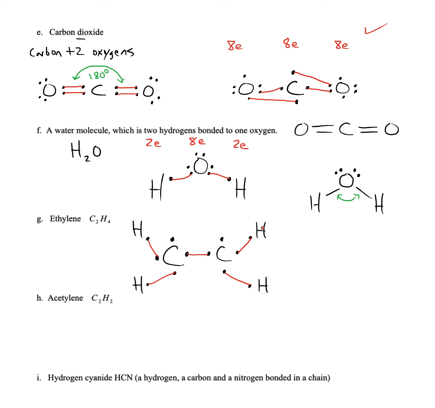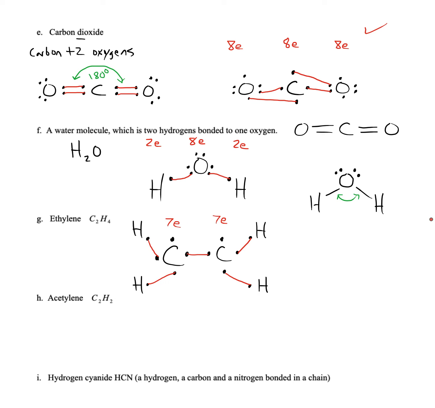They're all bonded with 2 electrons. But are the carbons happy? Let's see. 1, 2, 3, 4, 5, 6, 7. This carbon is only bonded to 7 electrons. And this carbon here is only bonded to 7 electrons as well.